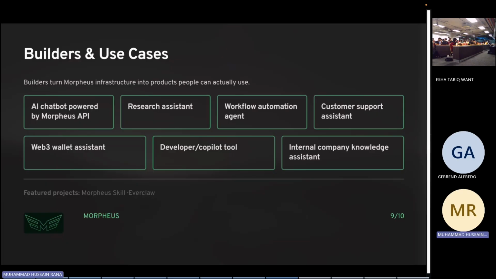And let's say you want to automate stuff. You don't want to go on Google and book a hotel and do all of that. You build an assistant. The assistant has access to your crypto wallet. So you ask the assistant, hey, book me a hotel in Hong Kong. I'm going there from this date to that date, and this is my budget.